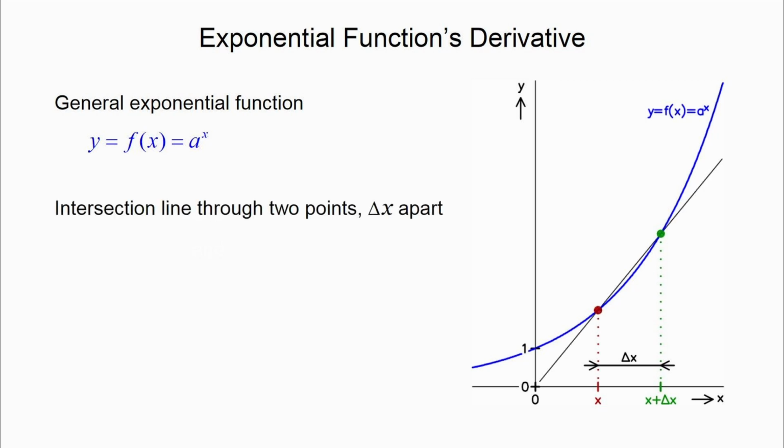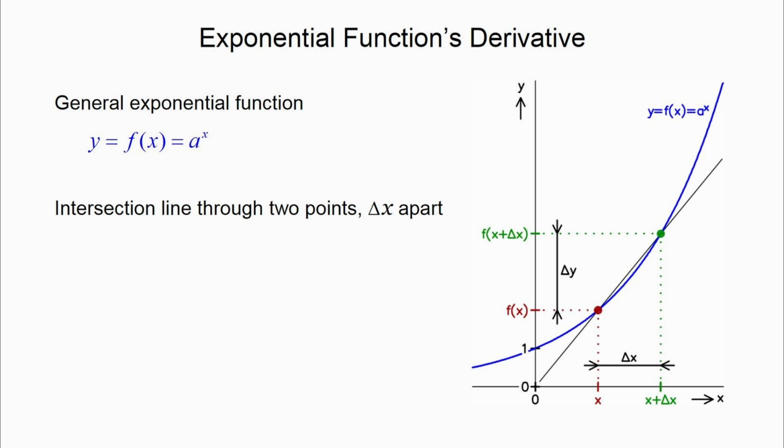Through both points, an intersection line across the function is drawn. The vertical position of both points is given by the function value at either location, f of x and f of x plus delta x respectively. The vertical distance between the two is referred to as delta y.